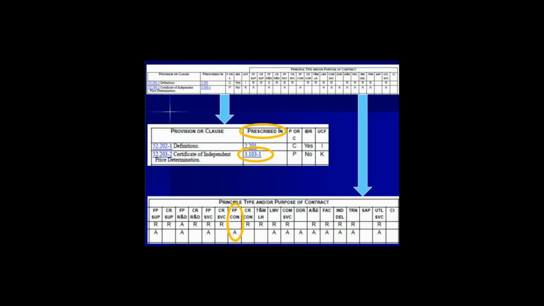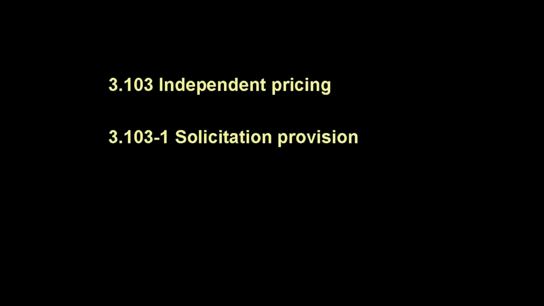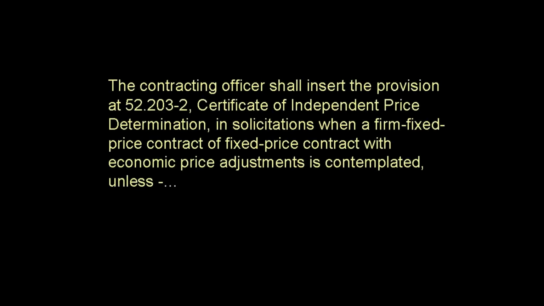Coming on down, we see that that is FPCON, which is our fixed price construction type contract. And you see that it has an A, which means when it is applicable, then it is used.